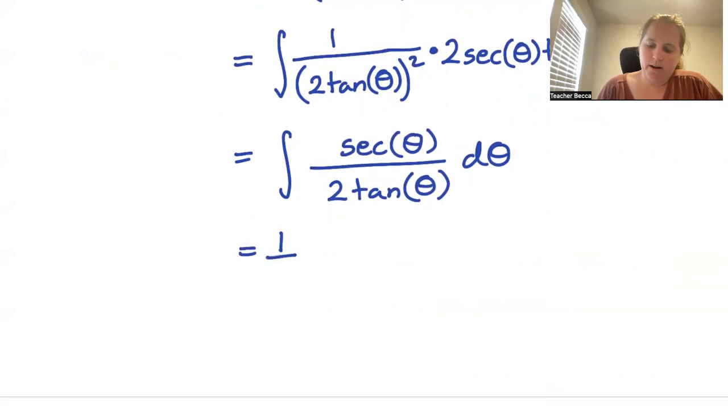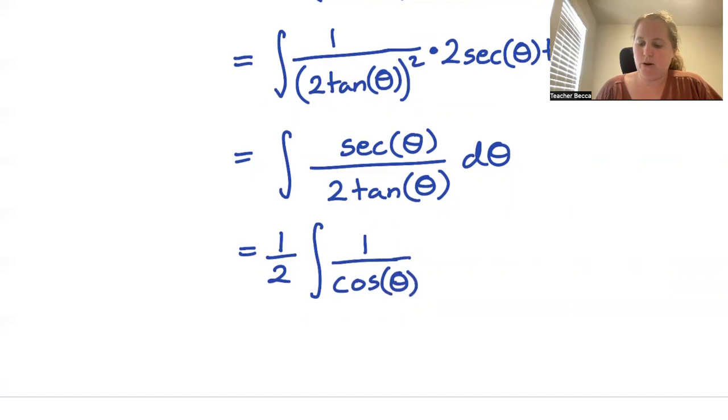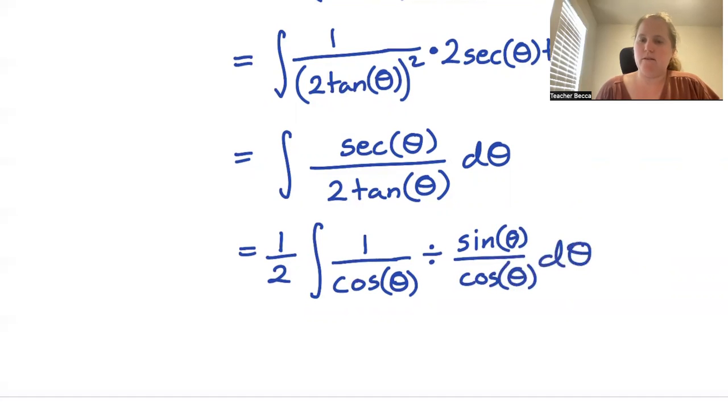So we have a 1/2. I'm going to rewrite these in terms of sine and cosine and just see what we wind up with. So secant theta is 1 over cosine theta. Then we are dividing by tangent theta. So we are dividing by sine of theta over cosine theta d theta.